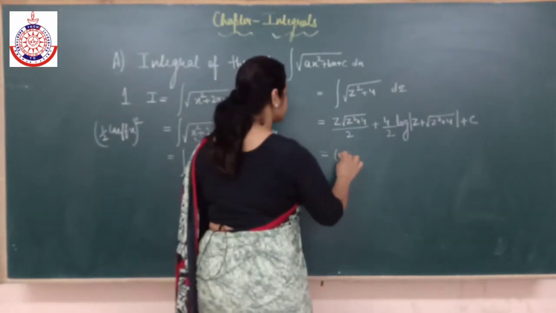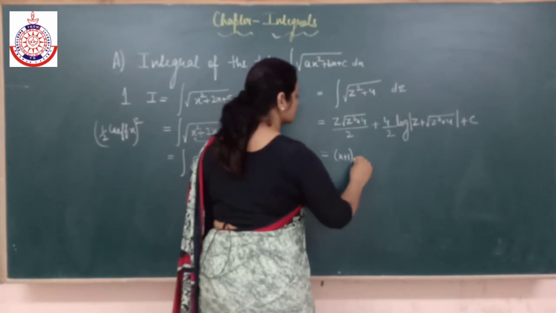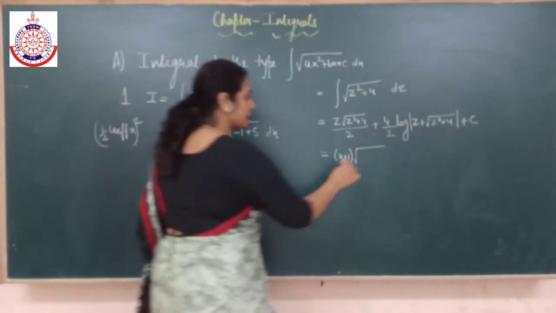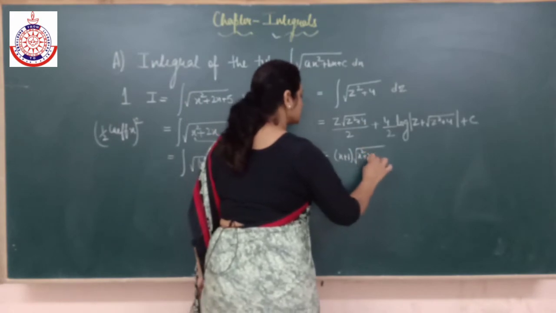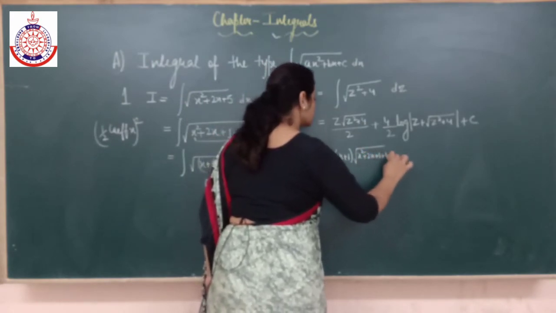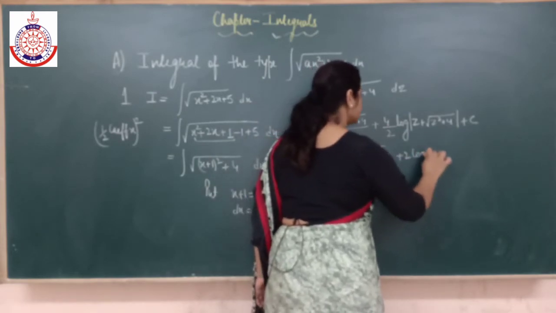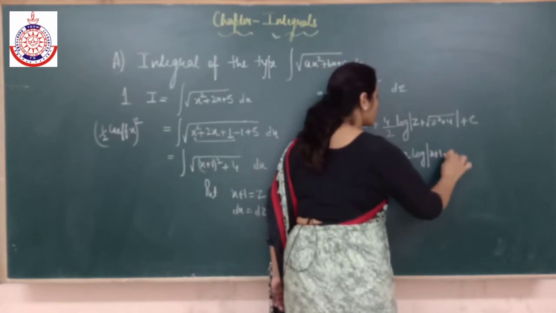That is, I have z square inside. So what will be z square? It's x plus 1 whole square.